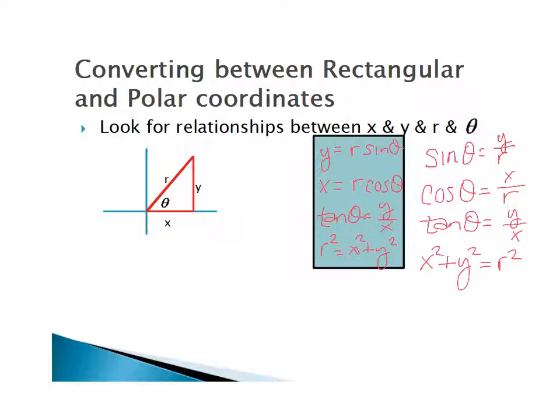If you know the r and theta, go find the x and the y using these 2. But if you already know the rectangular, you know the x and y, then you could figure out the theta. If you know the x and y, you could figure out the r. And that's how you're going to convert. If you want to go one way, you use these 2. Go the other way, you use those 2.